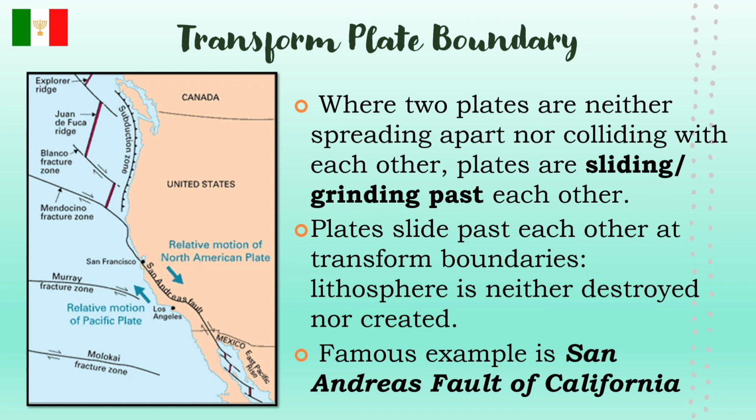Again, transform plate boundary occurs when two plates are neither spreading apart nor colliding with each other. So plates are sliding or grinding past each other. The famous example is San Andreas Fault of California.